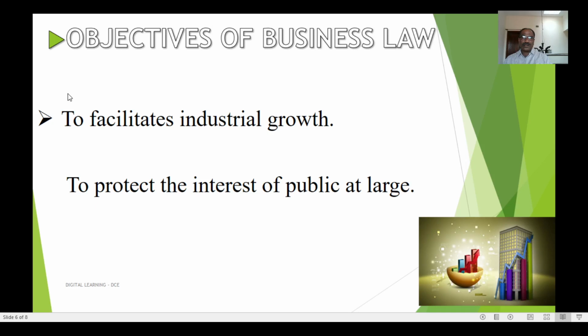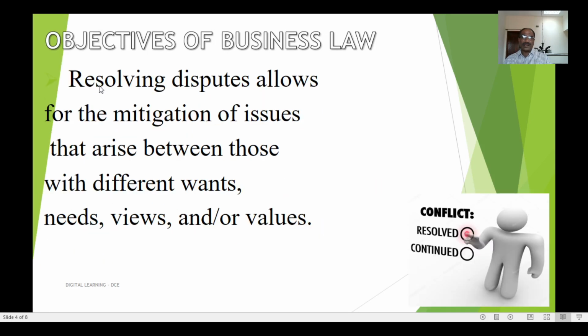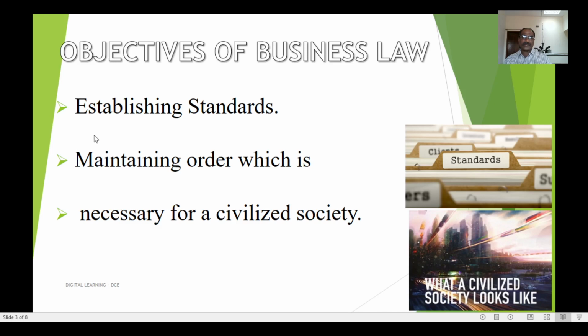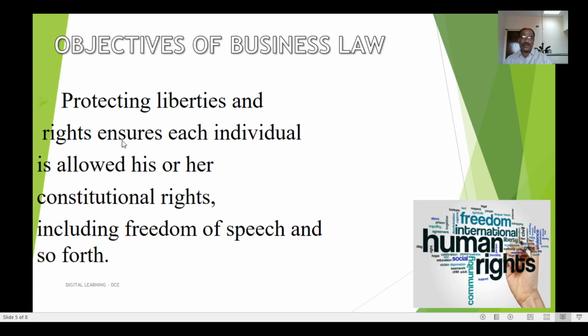There are so many objectives, and among all the other objectives, the first and foremost important objective is the establishment of standards. The second objective is maintaining the order which is necessary for a civilized society. One more objective is that it resolves disputes, which allows for the mitigation of issues that arise between those with different wants, needs, views and values.